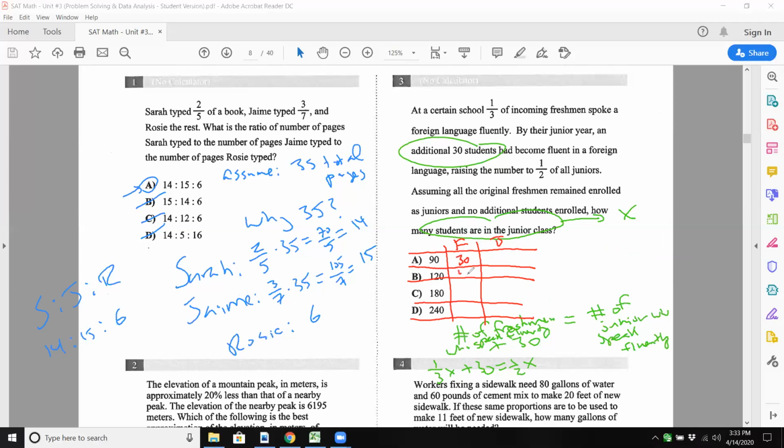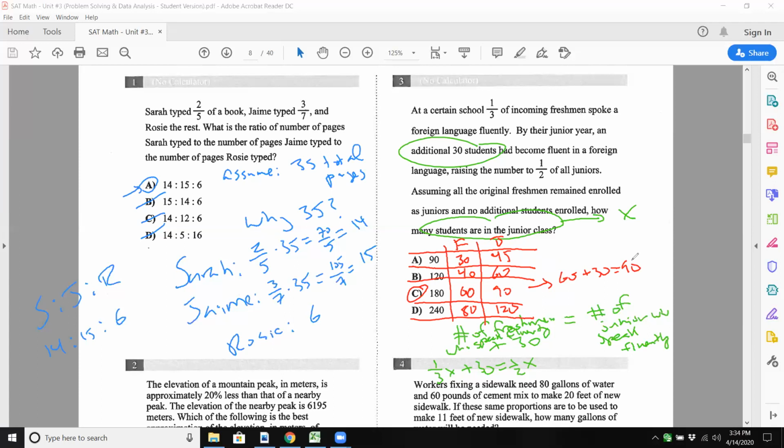So 30, 40, 60, and 80. Then doing 1/2 for the juniors: 45, 60, 90, and 120. It's pretty clear the answer is going to be C, because 60 plus 30 equals 90.